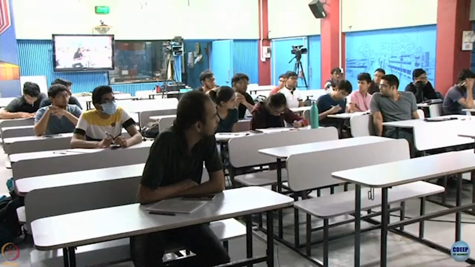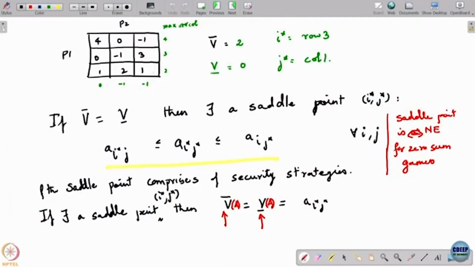Generically it should be possible, though I don't have a numerical example. I can give a pathological one: just repeat the last row, copy and paste it as one more row. The values would be the same. But this is a bad example because there is no saddle point here to begin with.